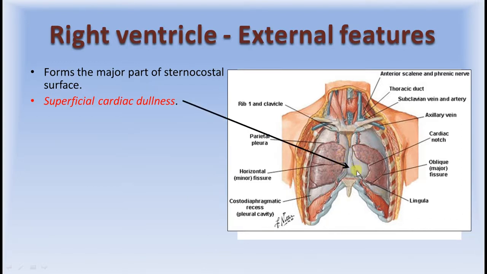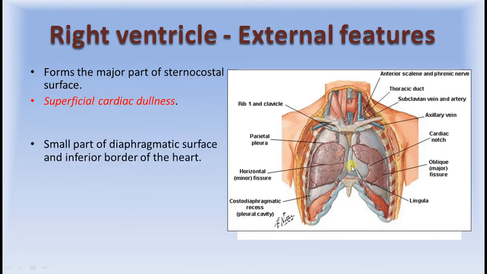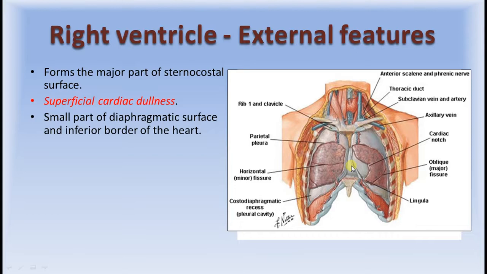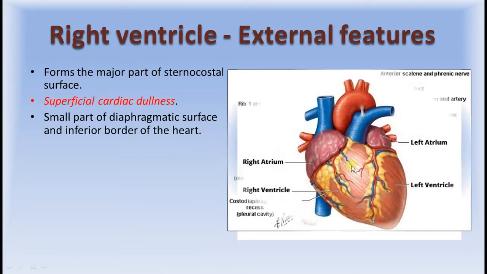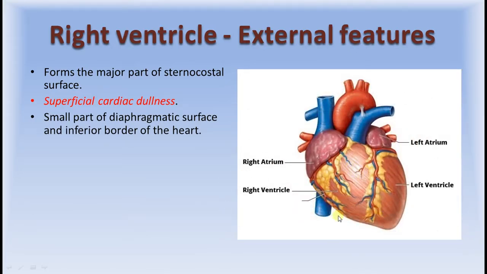That is the area of cardiac dullness, where the pleura and the anterior border of the left lung deviate, forming the cardiac notch. This area is in direct contact with the anterior thoracic wall, separated only by the pericardium. The inferior border of the heart extends from the opening of the inferior vena cava to near the apex.